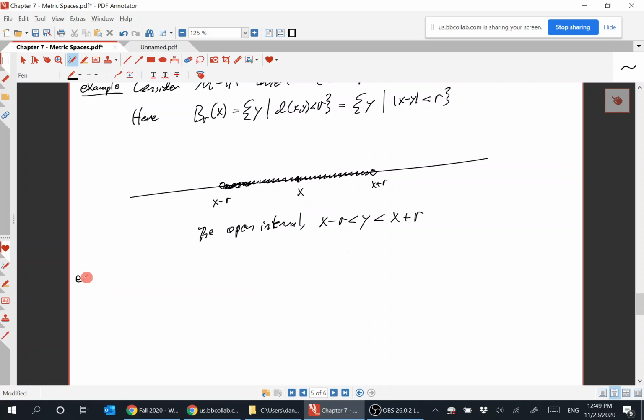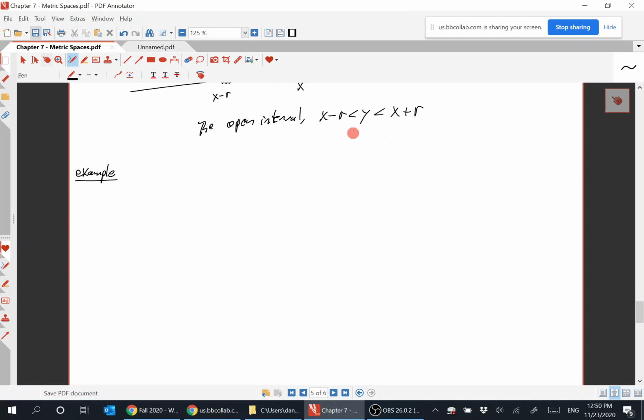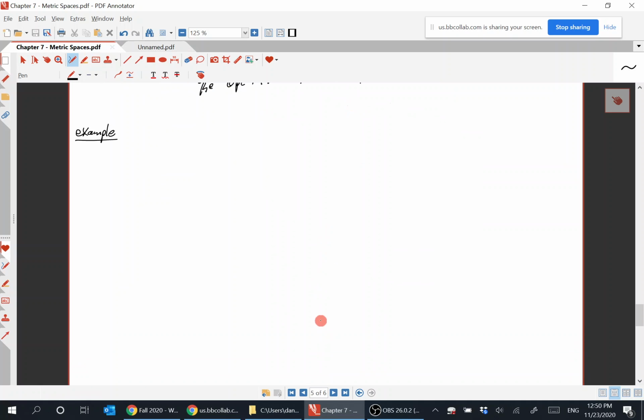Another example. And I think maybe I need a whole page for this. That's fine.